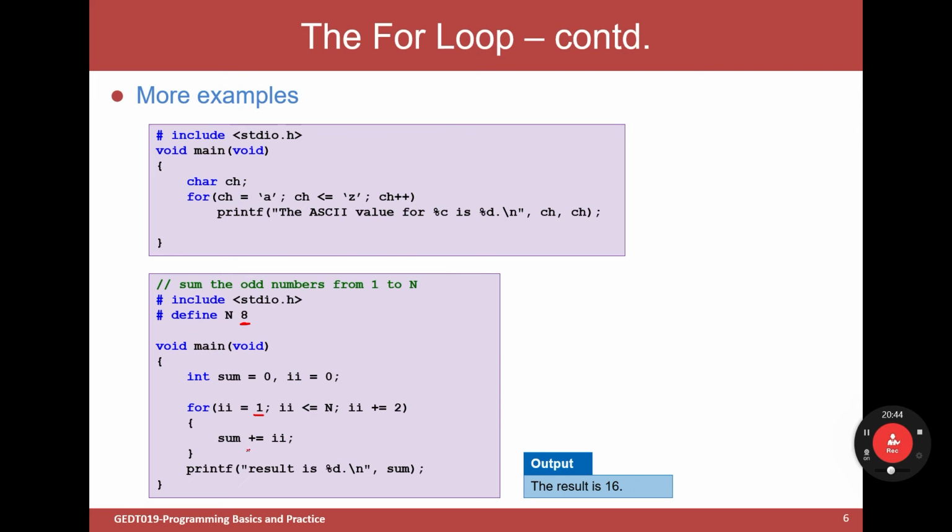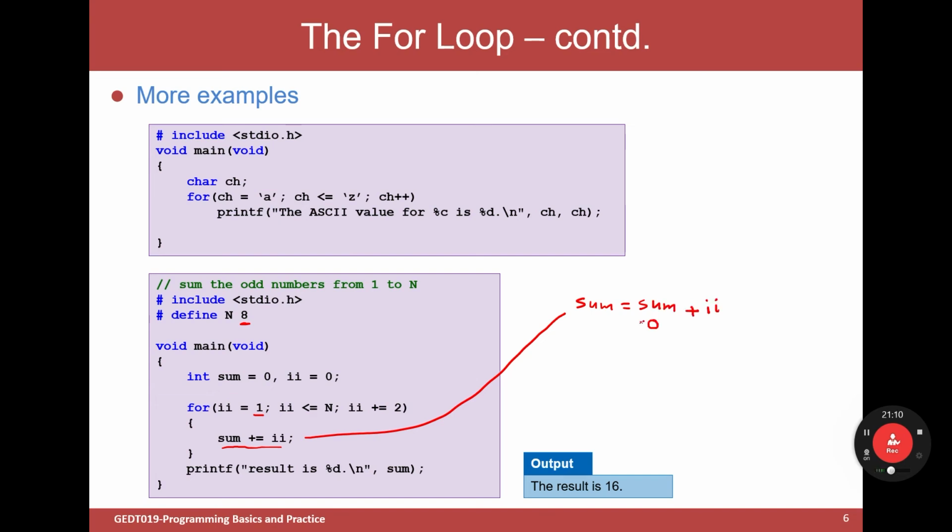So let's see how this is working. The first time you run, i is equal to 1, and n is equal to 8. So sum is equal to 0 at the first time. I'm executing this line of code. What does this mean? Sum is equal to sum plus i.